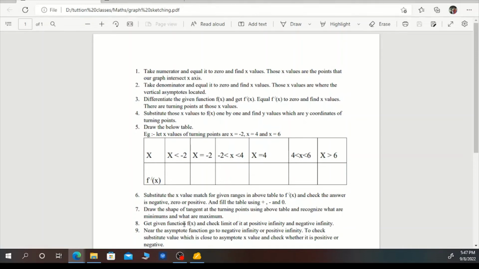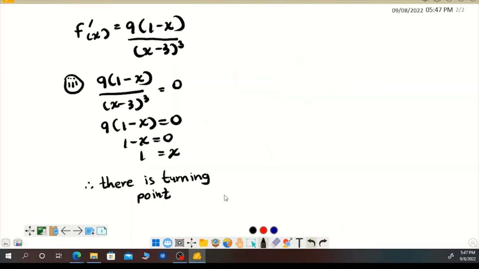I have got only one x value, so I substitute it into f(x), right? We only use f'(x) to find the x coordinates of the turning points. In all the other parts, we use f(x) to get the details, right?